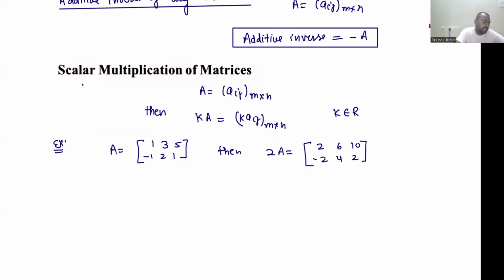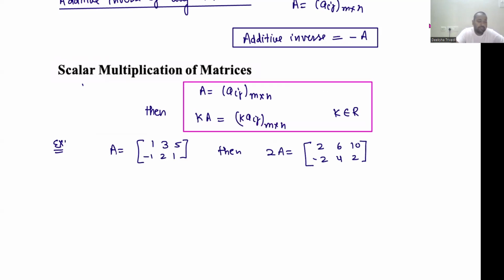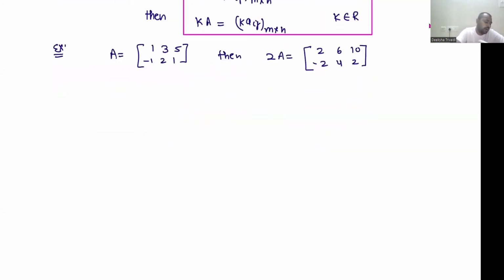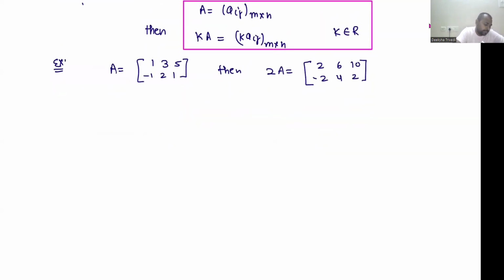So if we multiply a scalar quantity with a given matrix, then that scalar quantity is multiplied with all elements of the given matrix. That is called 2A.